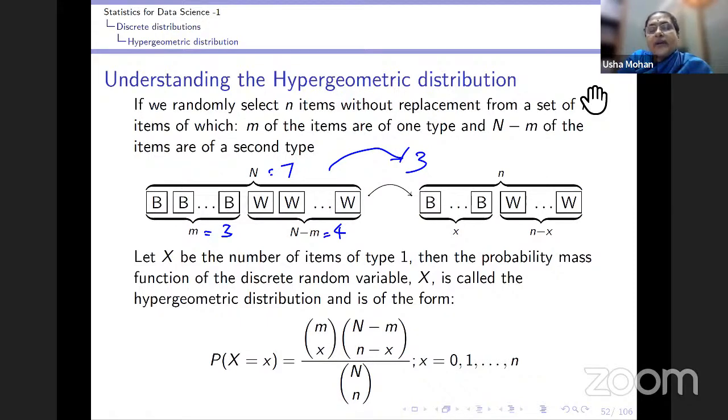So let me call the number of black balls in that small x, and the number of white balls would be n minus x, because I'm selecting n equal to 3. What are the possible things that I could have? How many black and how many white?